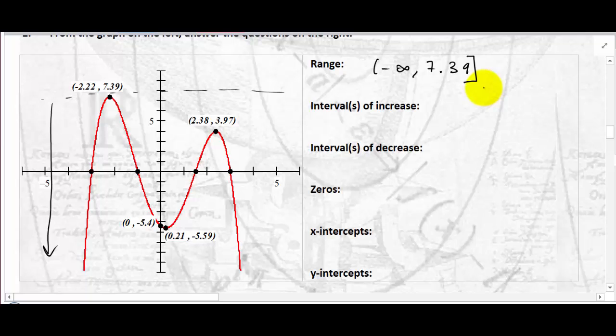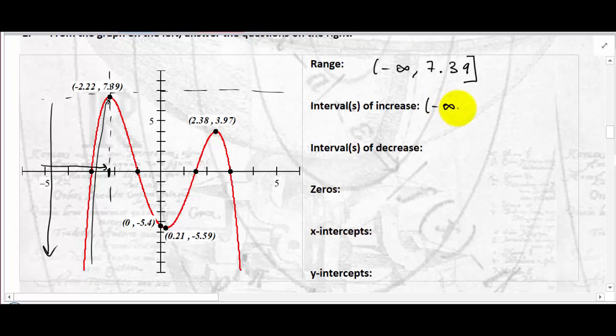Okay. Interval of increase. Well, check it out. My function is increasing right here. It's increasing up to this point, right? The interval of increase has to be an x interval. The function is increasing from negative infinity until this point right here, okay?